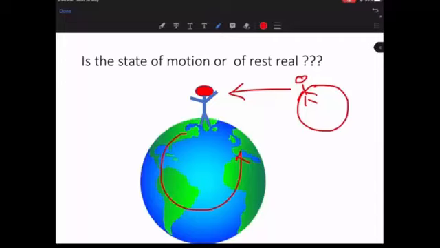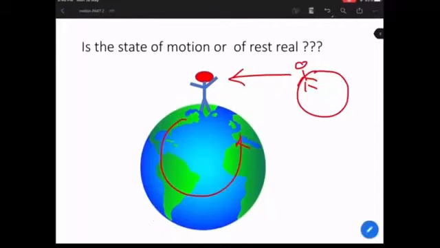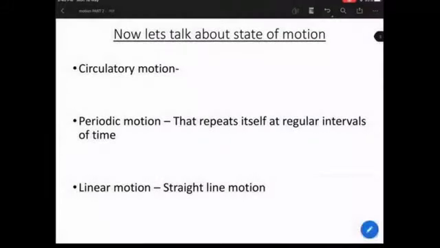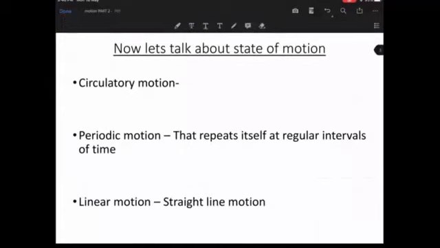This is just to make you analyze and think that what you believe about the state of motion or rest isn't actually absolute. But as far as your current class is concerned, you can take this definition: any object which is moving with respect to another object is said to be in motion, and any object which is at rest with respect to another object is at rest.